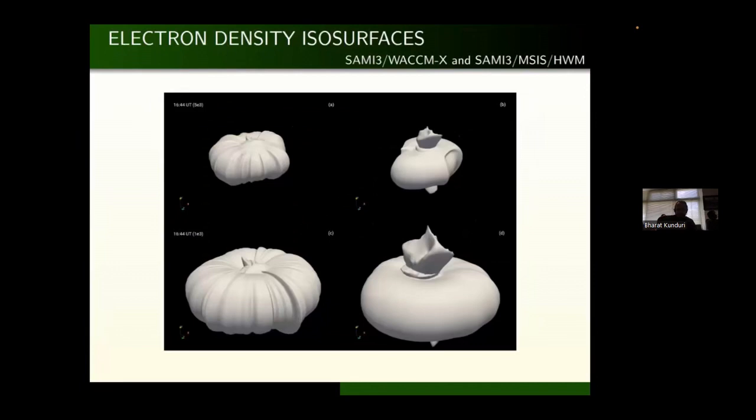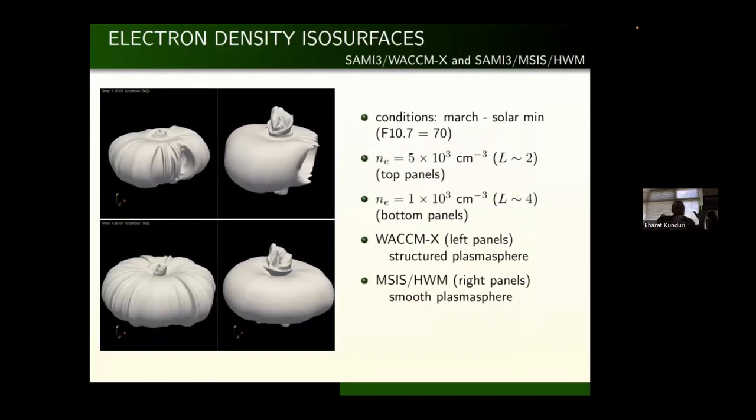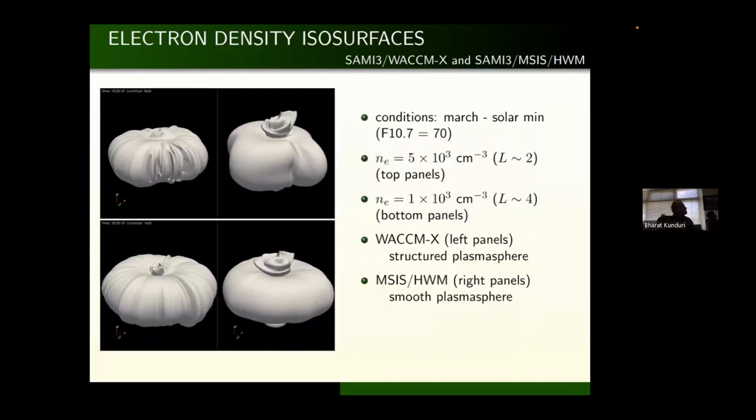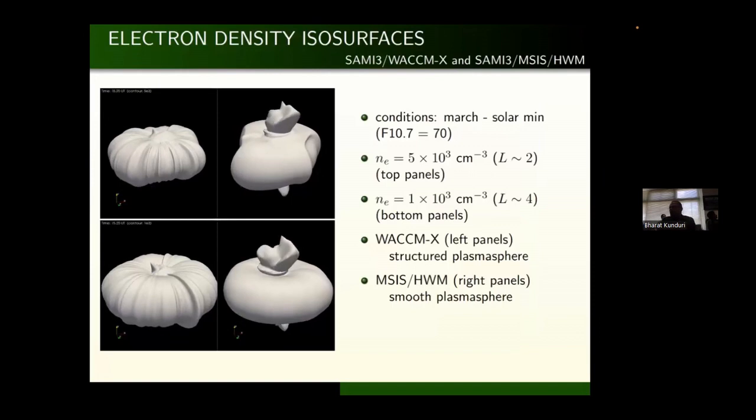So I'll skip this picture. All right. So I showed the first simulation where we had the ionosphere bubbles look like, say, the gold images.